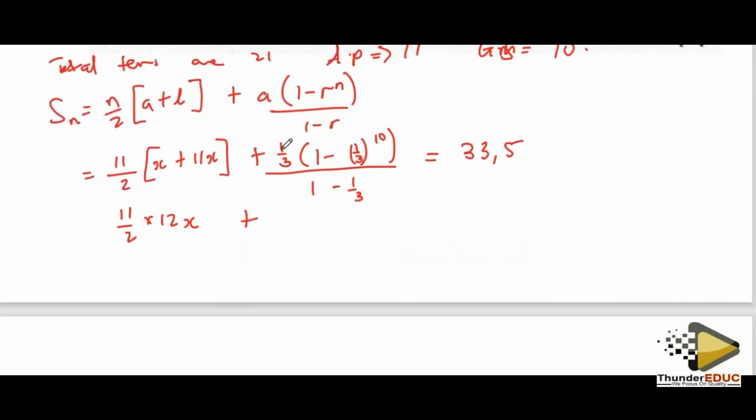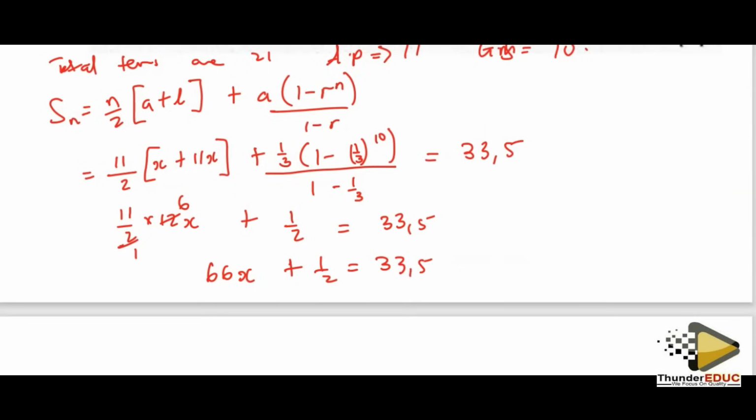I'm getting 0.4999999. So if I round it off, I'll get a half. We got the 33.5. So when I simplify this 2 and that, so 2 by 2 is 1, 12 by 2 is 6. So 11 times 6, I'm going to get 66x plus a half is equal to 33.5.